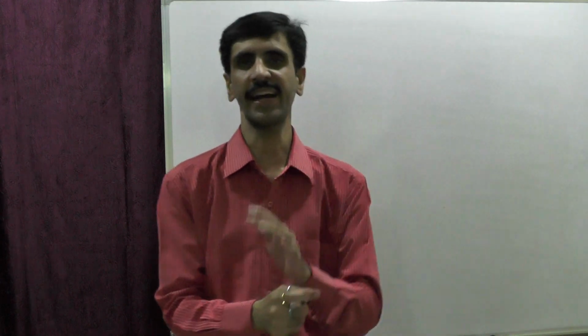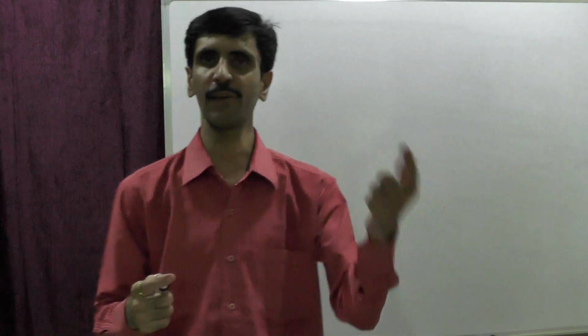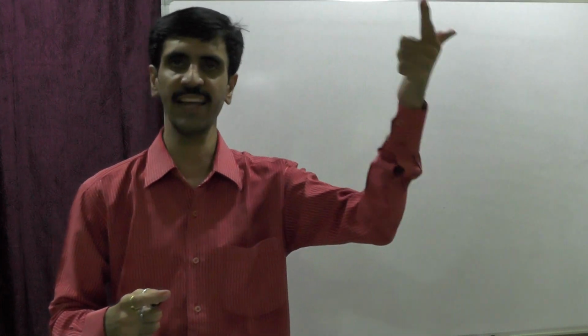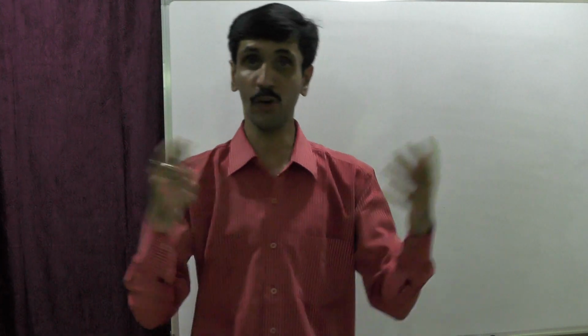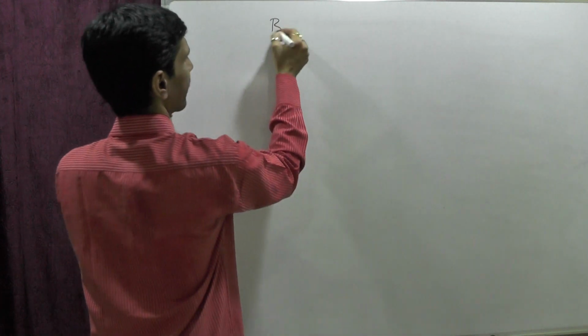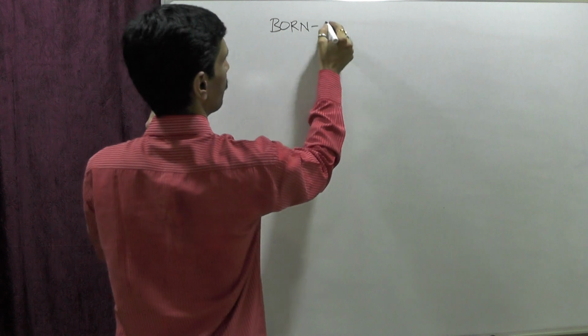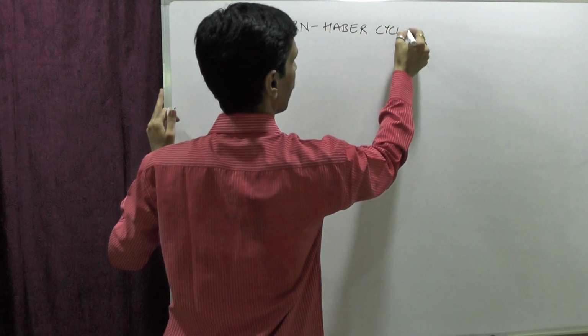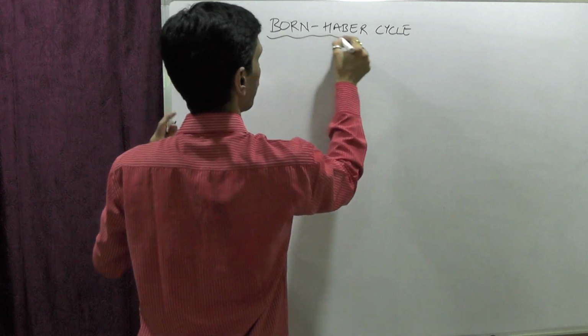Now my dear friends, once we understand the theoretical calculation of lattice energy using two equations, Born-Lande equation as well as Kapustinskii equation, we go into the next part, and that is called as Born-Haber cycle. We call it as what? Born-Haber cycle. Now what is this?